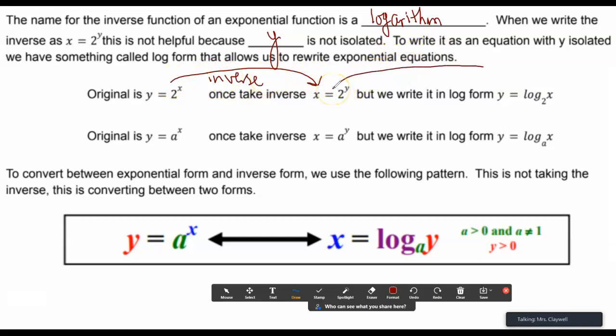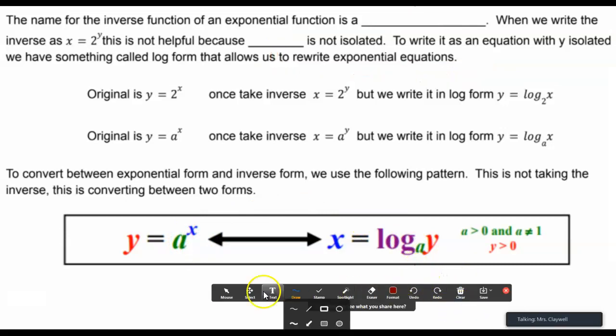And then we rewrite it so that y is by itself. If we look at the bottom, this shows a conversion. Y equals something to the something. When we take the inverse, it becomes this.